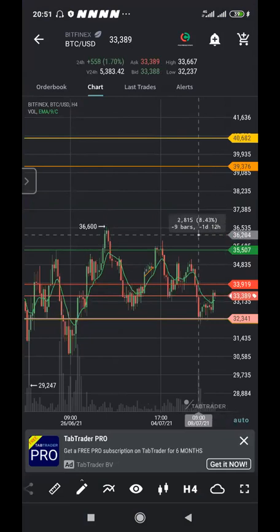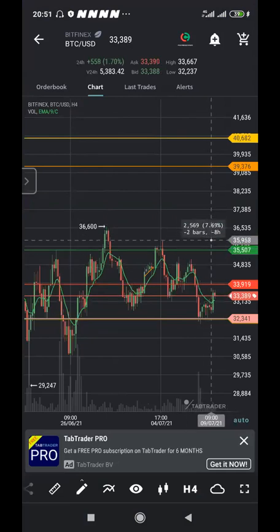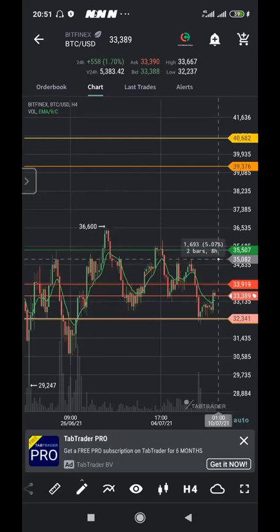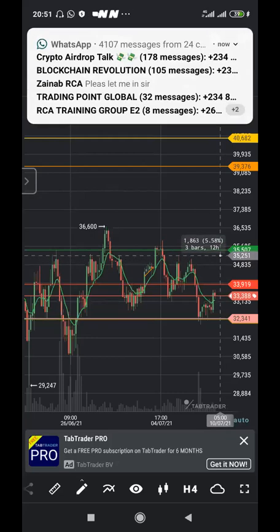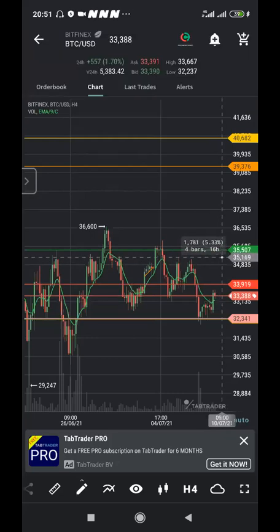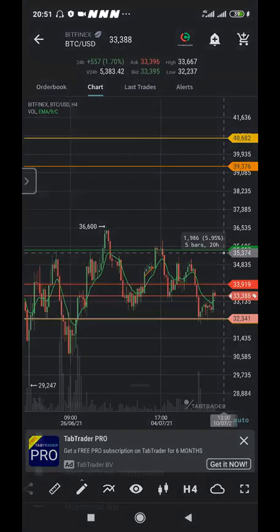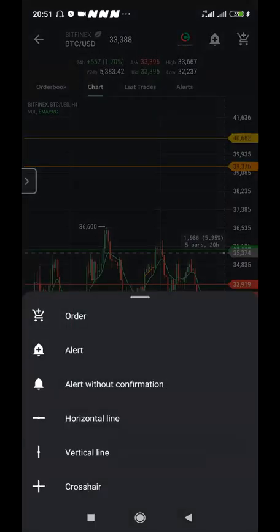You run away. But once you are in a trade, make sure you are scaling out gradually. That's how it's done if you want to preserve your profit.